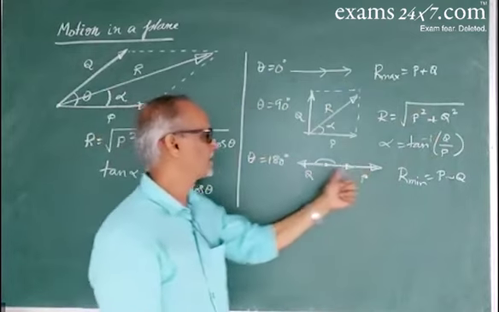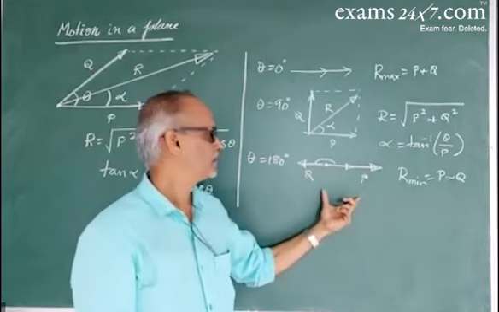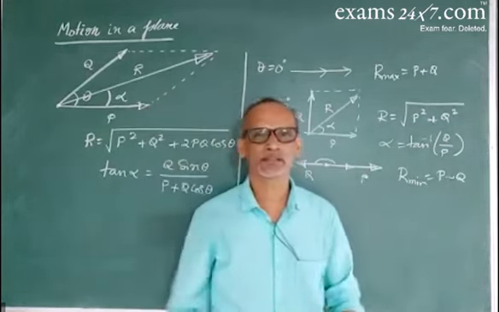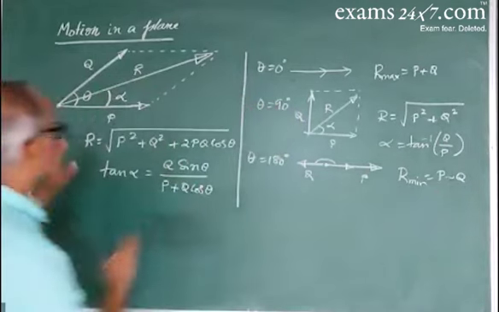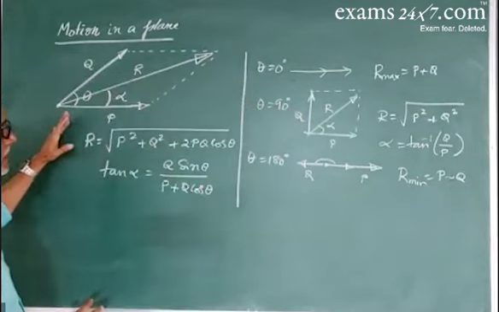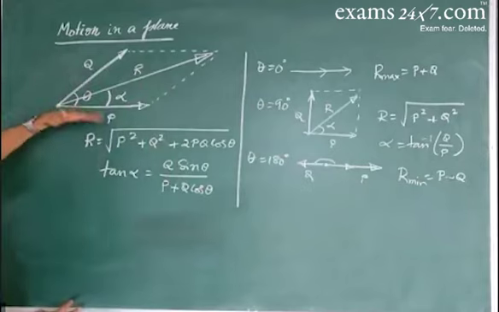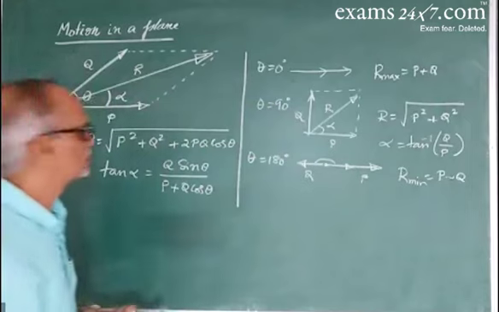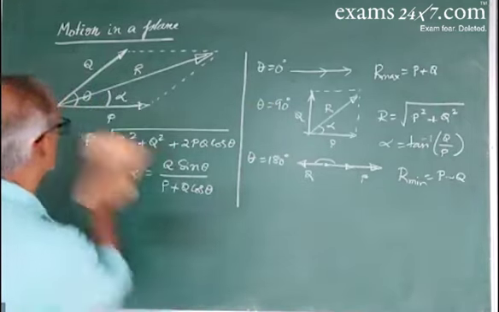And if q is greater, the resultant will be along q. And if they are equal, then we get zero resultant, or in simple terms, what we call a null vector. So this is the resultant of two vectors, which we also call the addition of the two vectors. Now, what if the two vectors are equal?